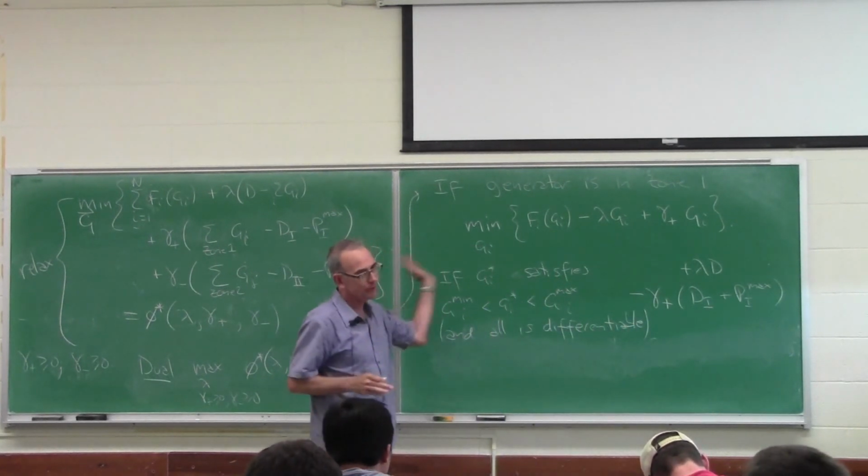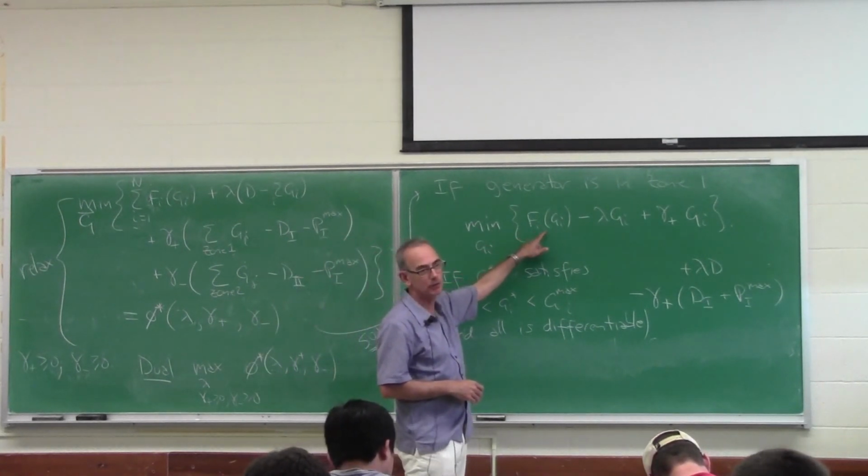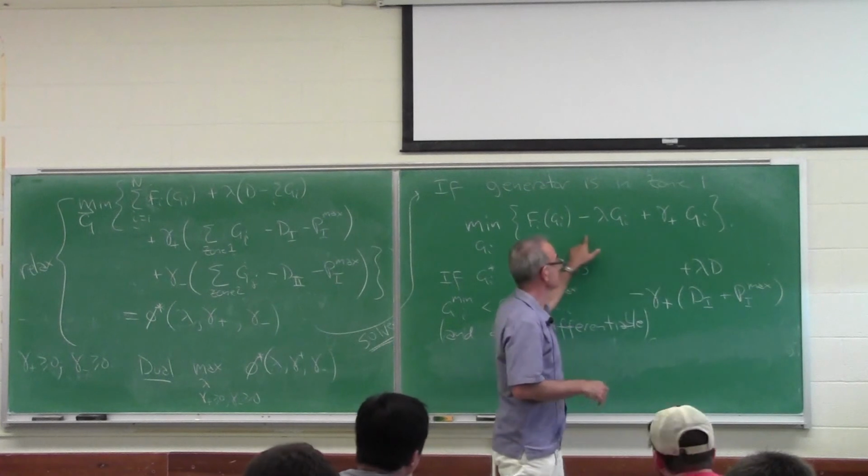And then I can just take the derivative and set it equal to 0. And I get the marginal cost, the derivative of this, the derivative of this is 0.